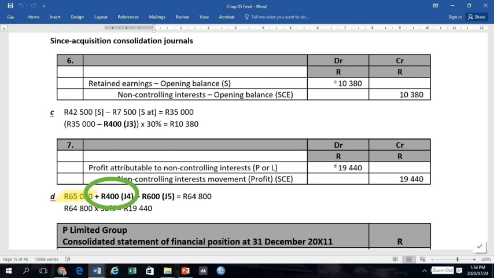The 400 Rand was that unrealized profit in the opening retained earnings that I've moved to the profit for the current year. And the 600 Rand relates to the unrealized profit in closing inventories that I have to exclude from the current year profit of the group because it has not yet realized.